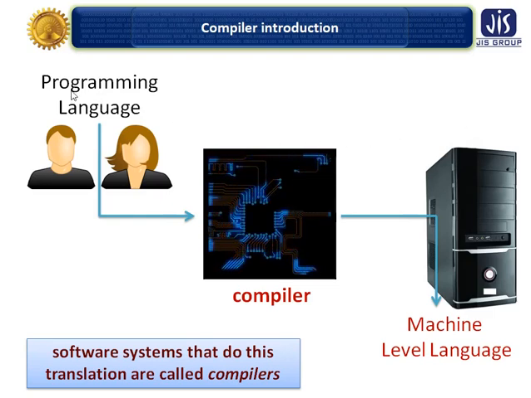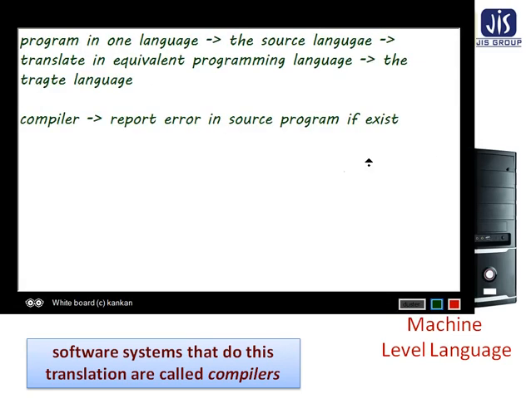So what have we learned? A programming language. What are examples of programming languages? Suppose C, which you have already learned. You have learned about the programming language C, C++, Java, Visual Basic, Python.